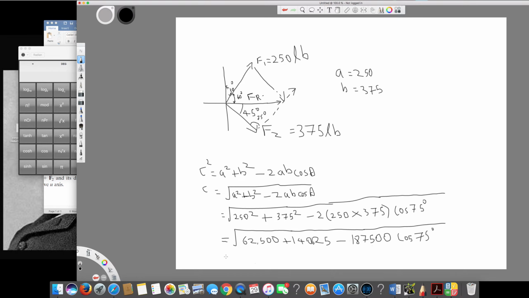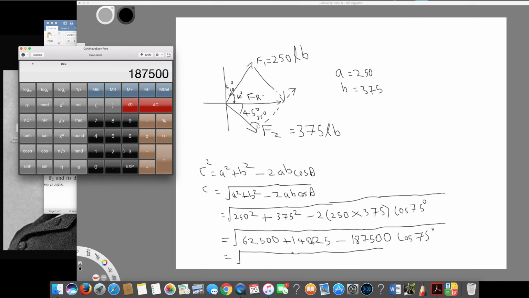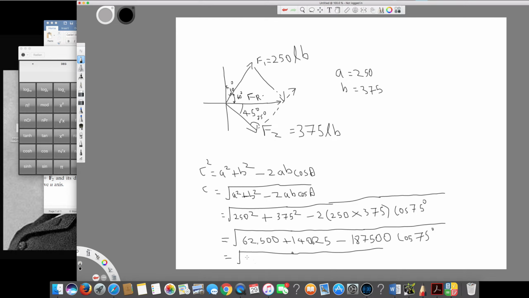So I'm gonna add these both. 62,500 plus 140,625 equal 203,125.